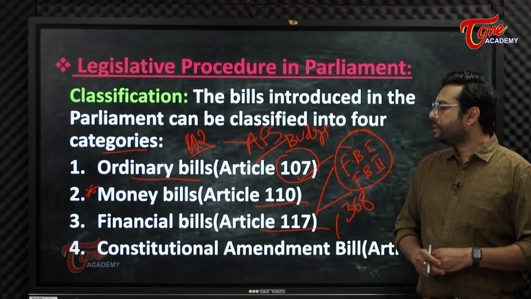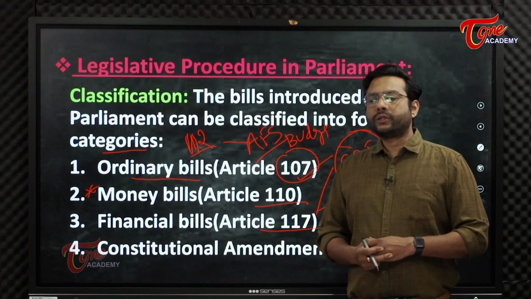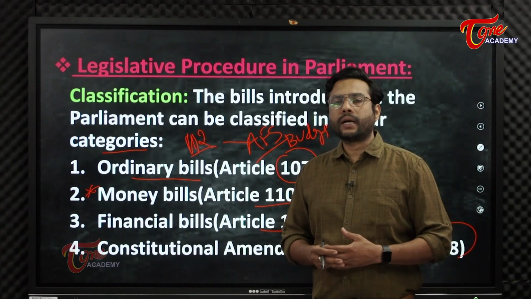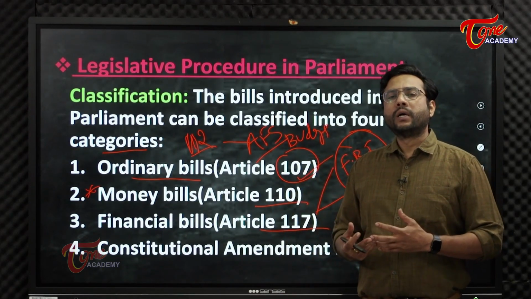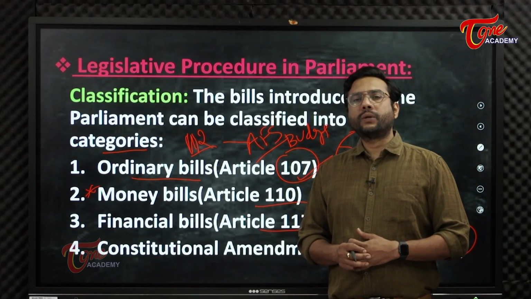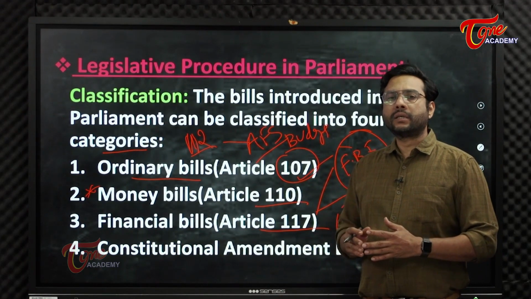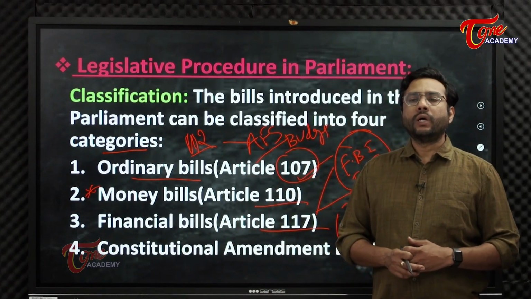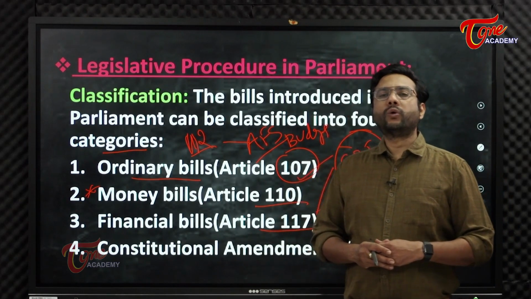When we say money bills, they are those bills which have a significant thing regarding taxation, regarding matters of expenditure or revenue of the Consolidated Fund of India, or which are concerned with the Contingency Fund of India, or any such matter which is significant in raising or decreasing the revenue, or altering the revenue or taxation process.